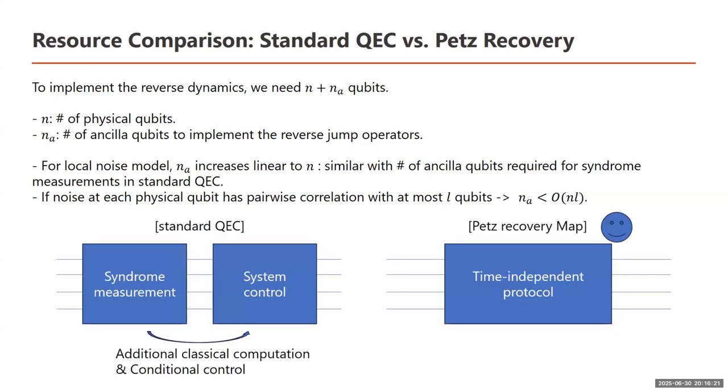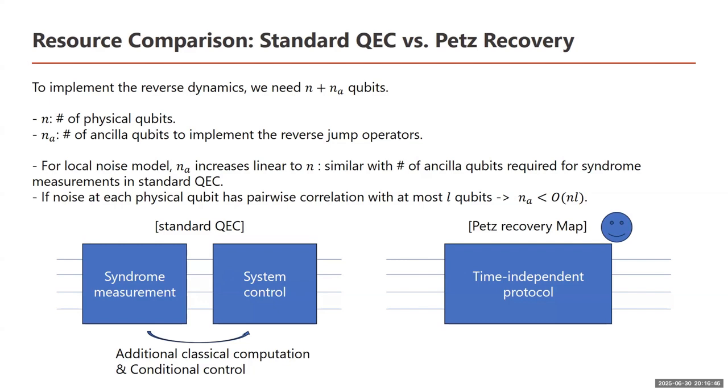You can see here on the left, standard QEC has two sequences. The first one is the syndrome measurement. After the measurement, we have to do some additional classical computation and conditional control, and we will control the system again.